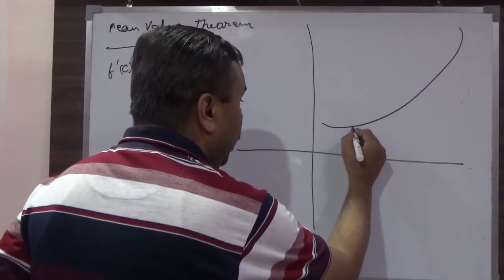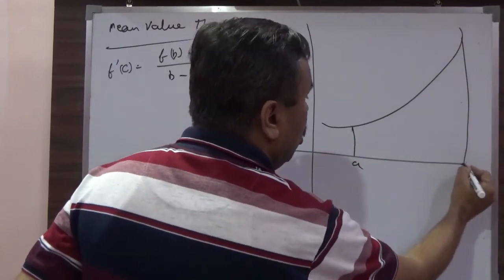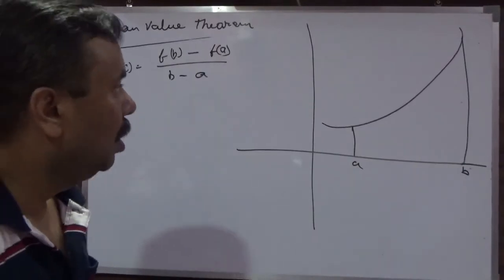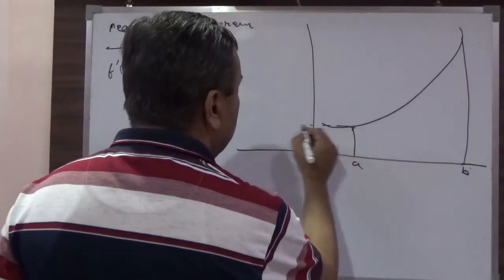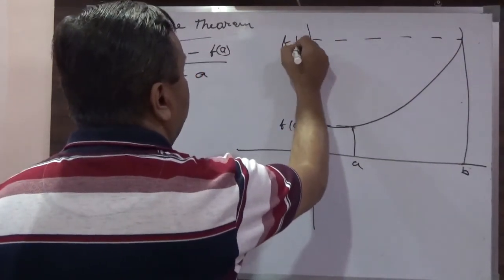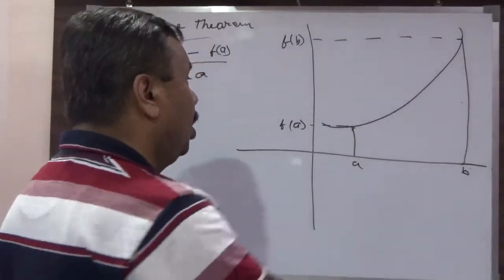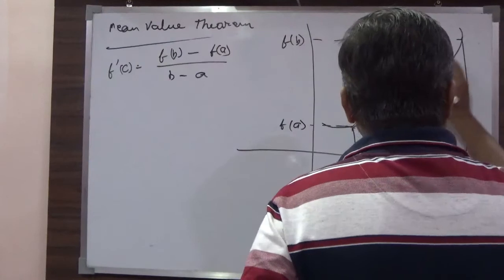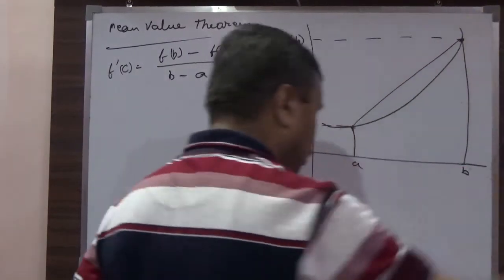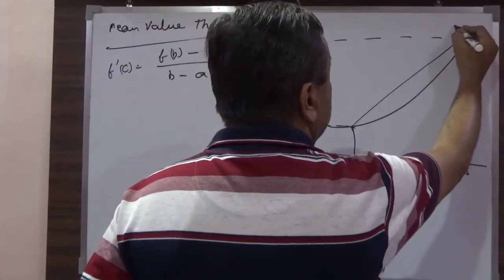This is your point A, and this is your point B. Obviously, this will be f(a) and this will be f(b). Now, what will be the slope of the line joining this point and this point? What will be the coordinates of this?